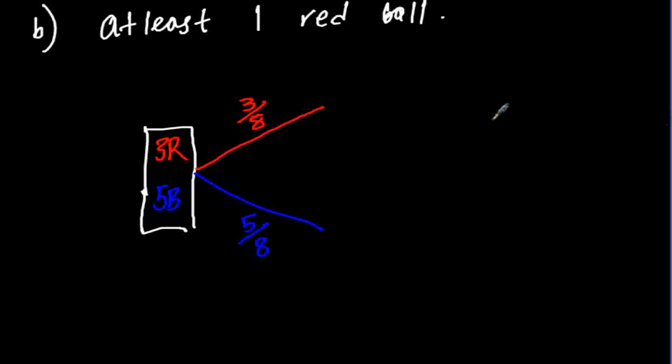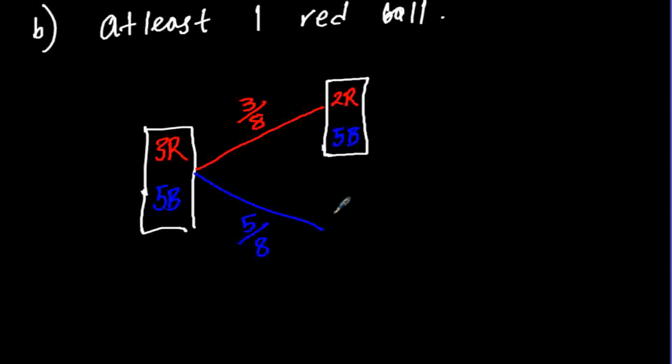So having picked a red ball from this, the total number of red balls reduced to 2, but the blue balls don't change for the first picking of red.